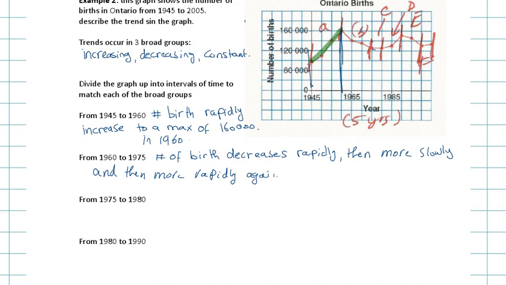If you look right here, we have a fast decrease, then a very slow decrease where you don't see a lot of changes, but then back to a fast decrease.